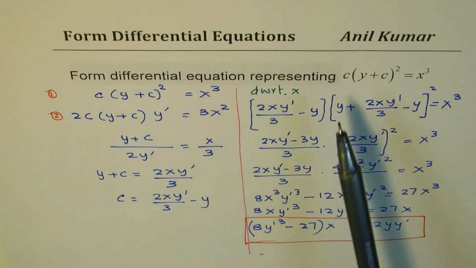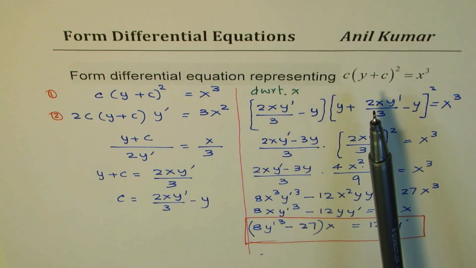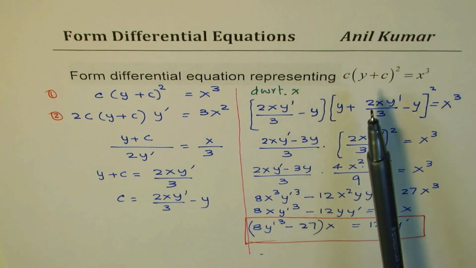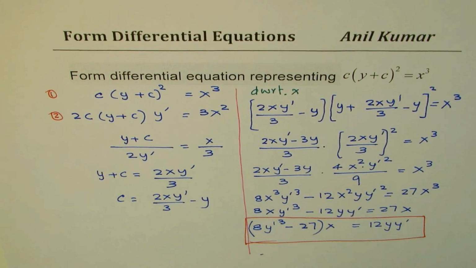Once you have differentiated that many times, you have to ensure that the constants are eliminated, and we have to adopt different kinds of strategies to do so. Once they're eliminated, you arrive at the differential equation which represents the family of curves of that function. So these are the steps to be followed to always create a differential equation representing a family of curves.